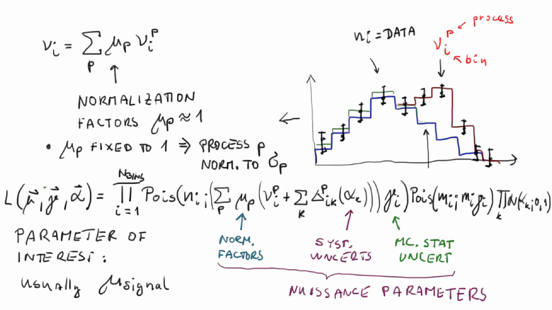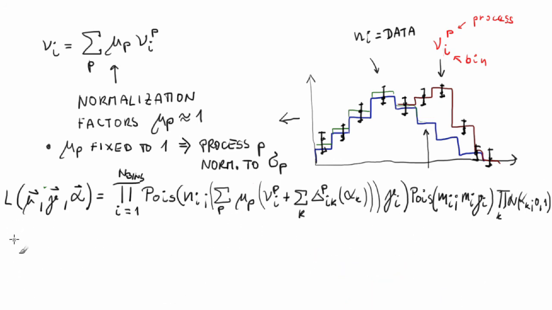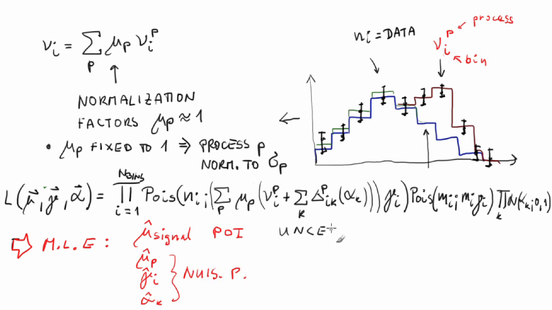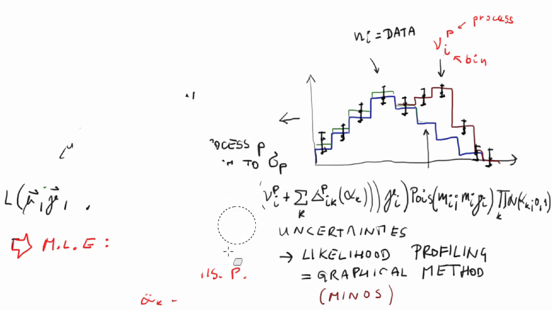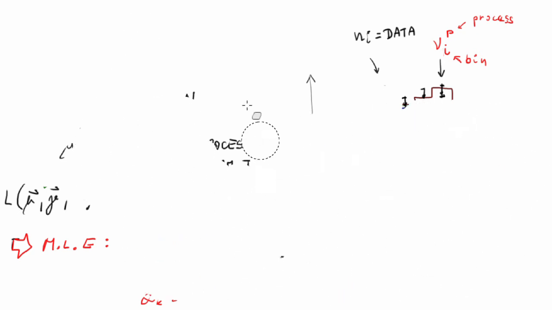And that's it. Now that we have a likelihood function, we can extract the parameter estimators and their uncertainties. In order to extract uncertainties of the parameters of interest, we usually use likelihood profiling, which is nothing else but our good old graphical method. Recall that the graphical method implementation in MINUIT is called MINOS. If you just started to ponder how would you implement such a complicated likelihood in ROOT or RooFit, then don't worry.